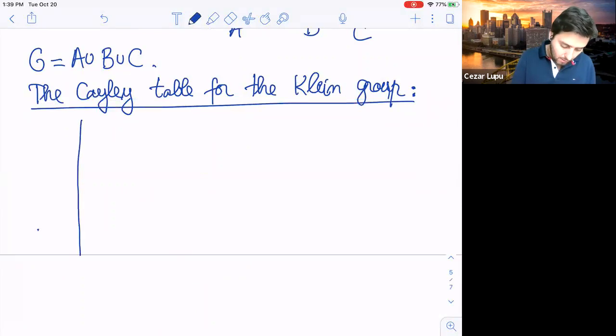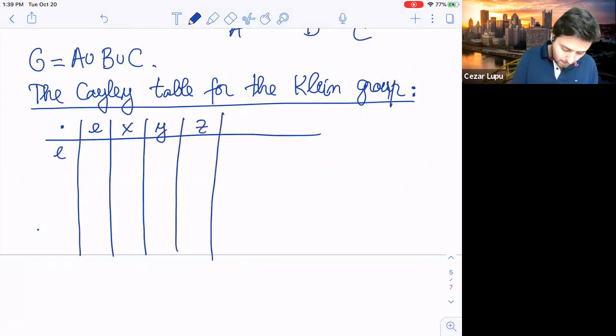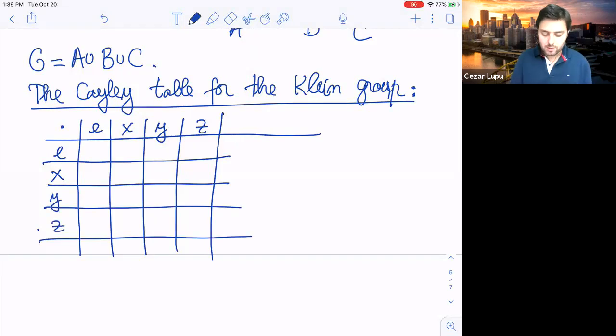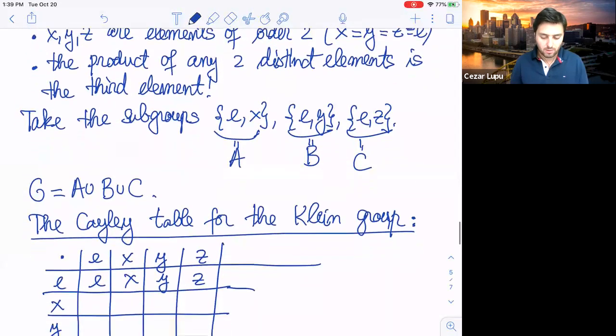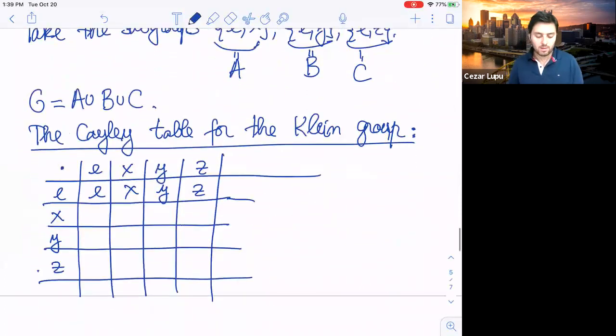So we have the following. Here, this is e, x, y, z, and e, x, y, z. So this is the Cayley table. Here you will have e, x, y, z when you multiply them. Keep in mind, the product of any two distinct is the third element, and the square will give you the identity.